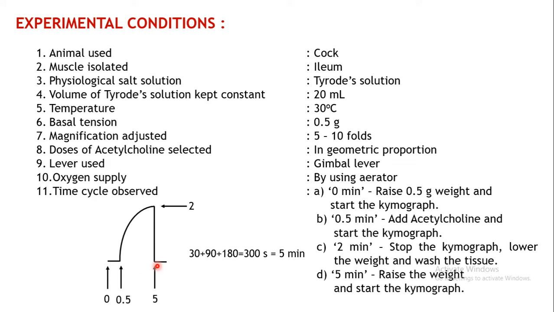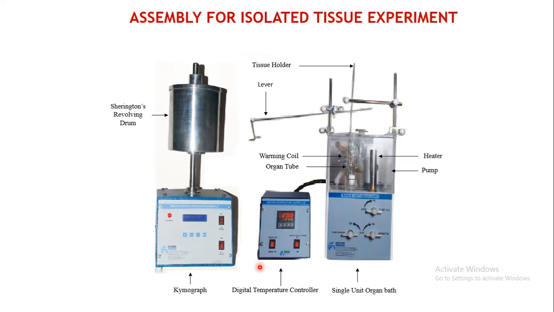So 30 plus 90, and thereafter washing period, okay, to bring it back to the baseline, maybe 180 seconds are required. So it may change depending upon the tissue. Okay, so totally it will be 300 seconds, which comes to 5 minutes. So one time cycle, or one response, will take you roughly about 5 minutes time to complete. So this is to do with the time cycle.